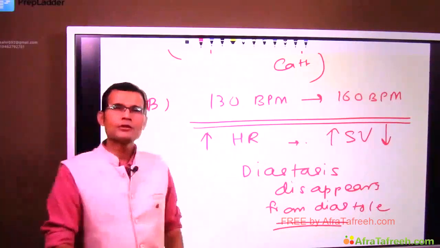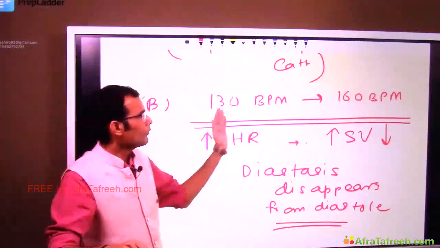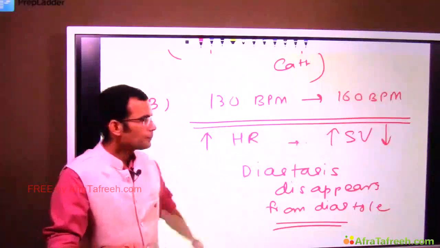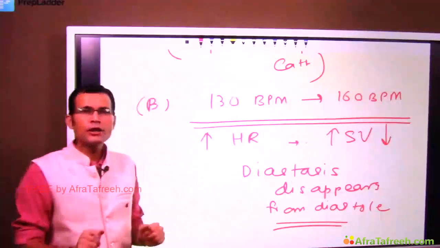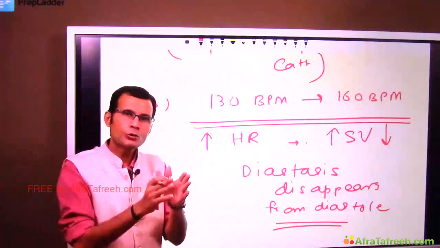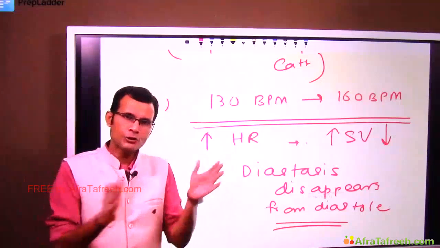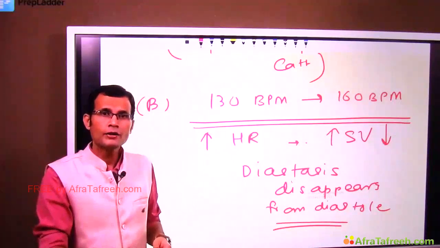So that's what happens, I'll summarize it once again. From 130 to 160 beats per minute, heart rate is increasing in this range. So cardiac cycle duration is shortening, and therefore diastole duration is also shortening. But even if diastole is shortened, filling is not affected yet. Why?